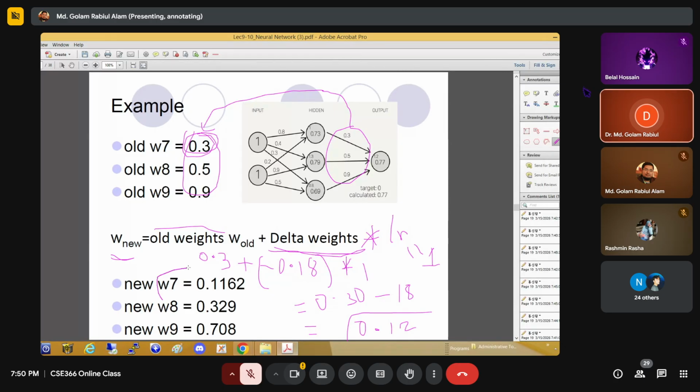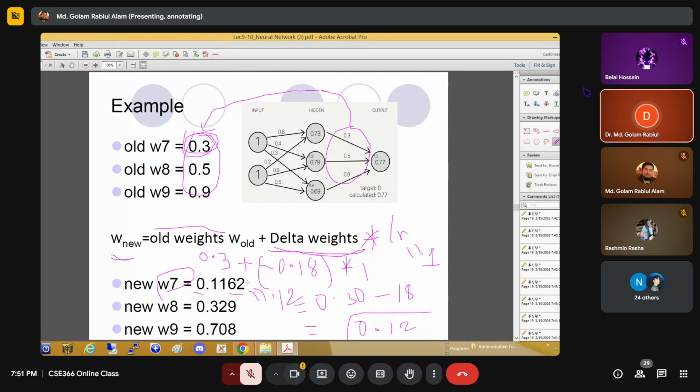So W7 new is 0.1162, which is equivalent to 0.12. This is how we also calculate W8 and W9 using this equation.